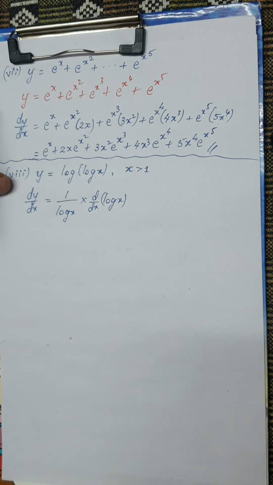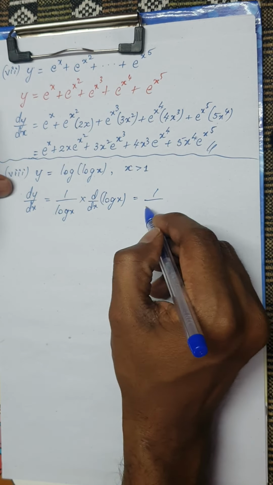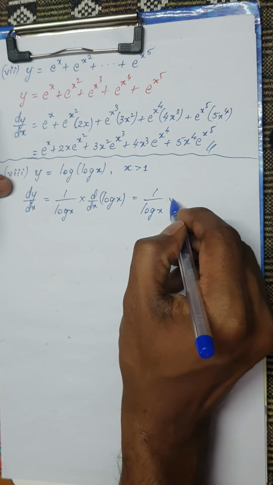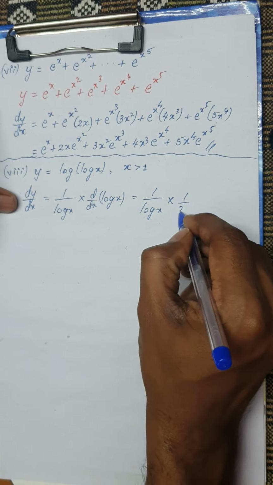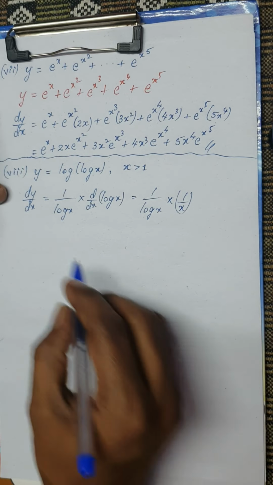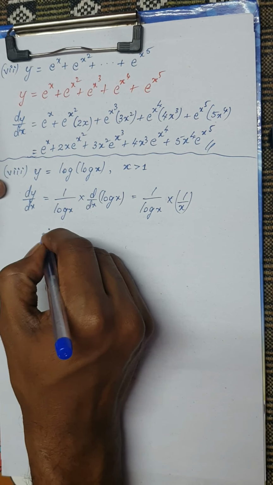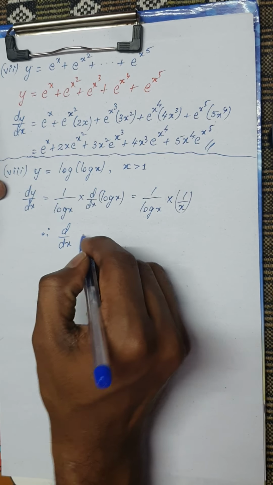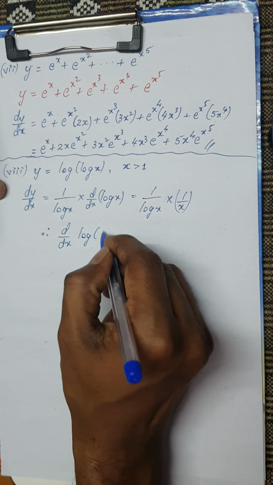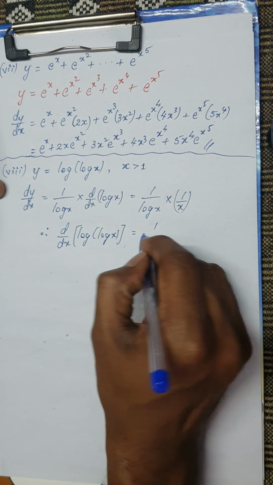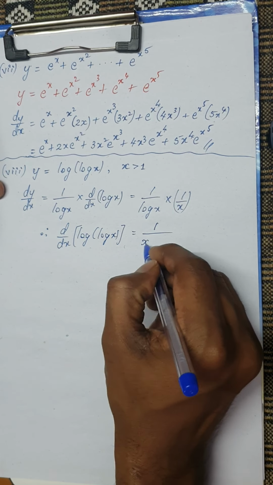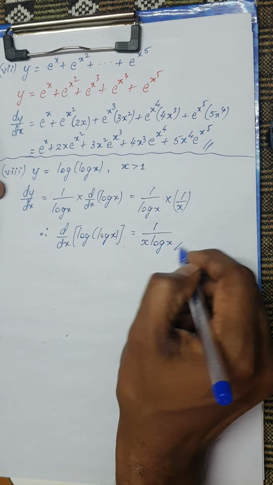Don't get confused. So this is nothing but 1 divided by log x into the derivative of log x now. Derivative of log x is 1 by x. Therefore, you can write this way. Derivative will be 1 divided by, if you multiply, you will get x log x.